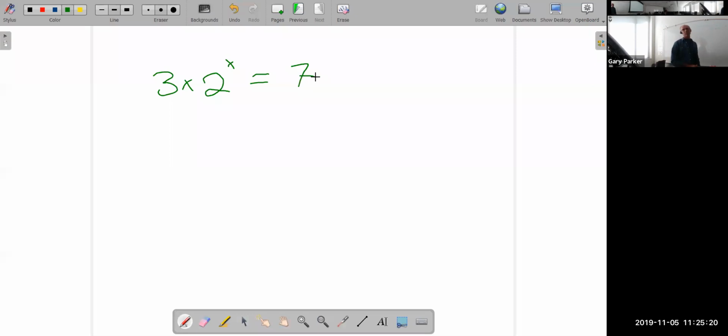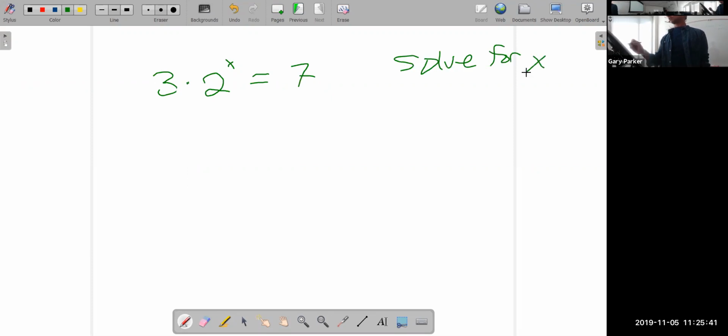Let's suppose that's the problem I have. Let's put a little dot for multiplication. So 3 times 2 to the x. So I need to get the x alone, right? That's my goal here. Solve for x.